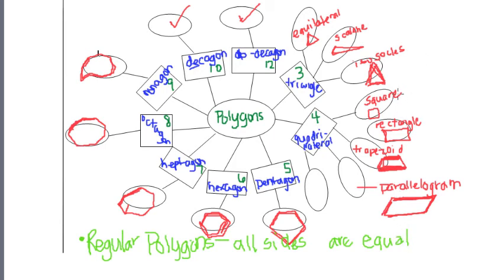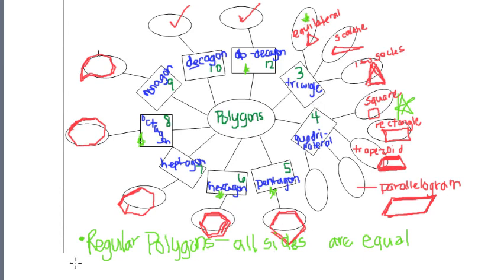A square, that's a regular. A pentagon has the possibility of being regular. Hexagon has the possibility of being regular. Octagon has the possibility of being regular. A dodecagon has the possibility of being regular. And then the equilateral is obviously, for sure, a regular polygon.